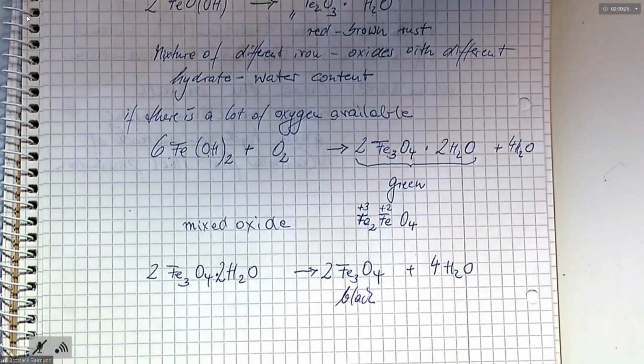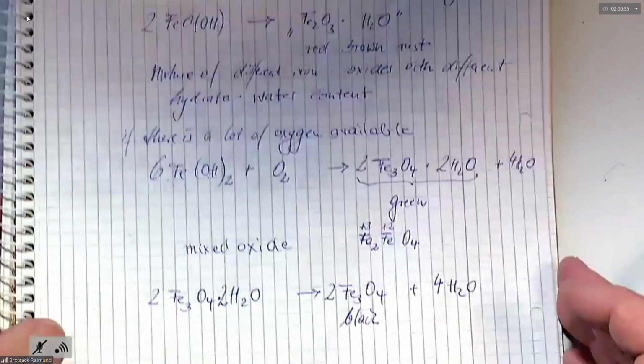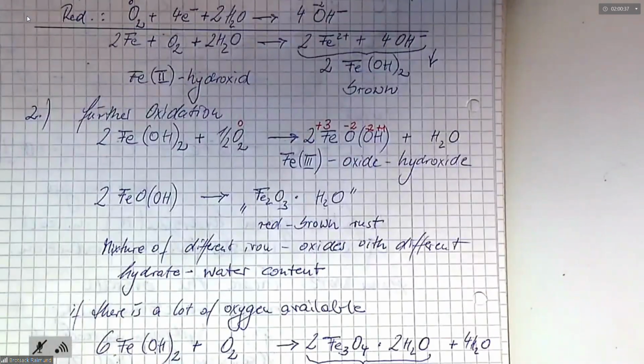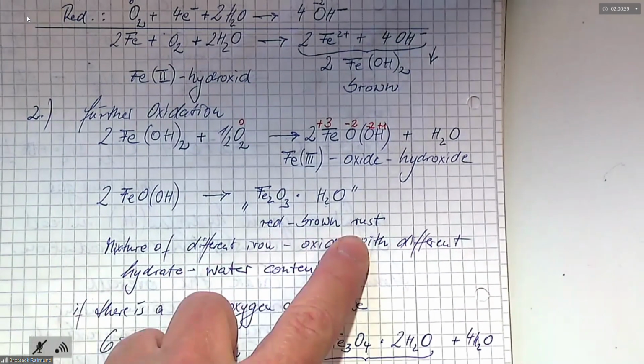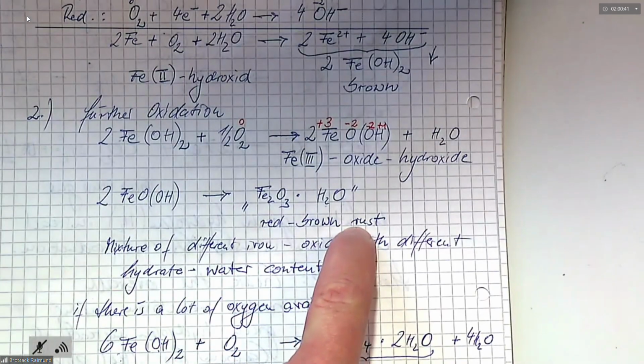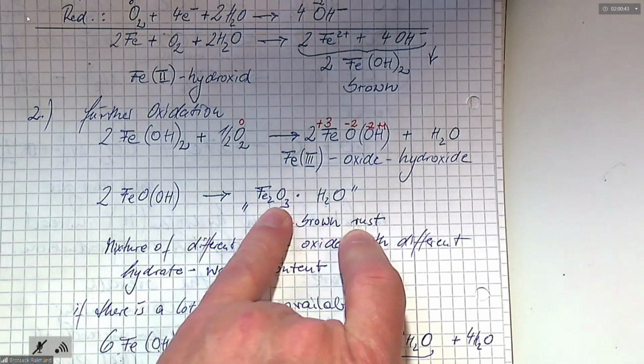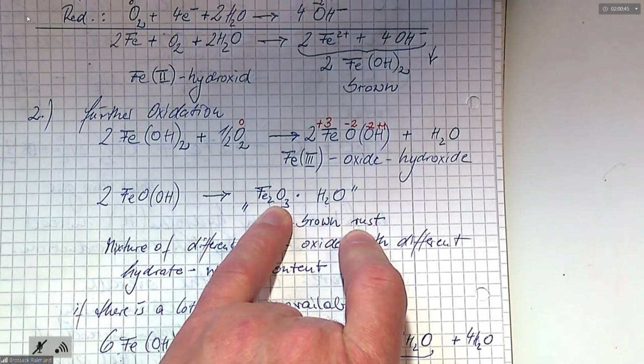So the oxidation is quite complex. We have different oxidation numbers of the iron. What we mainly see is the red-brown rust, the iron 3 oxide, Fe2O3.